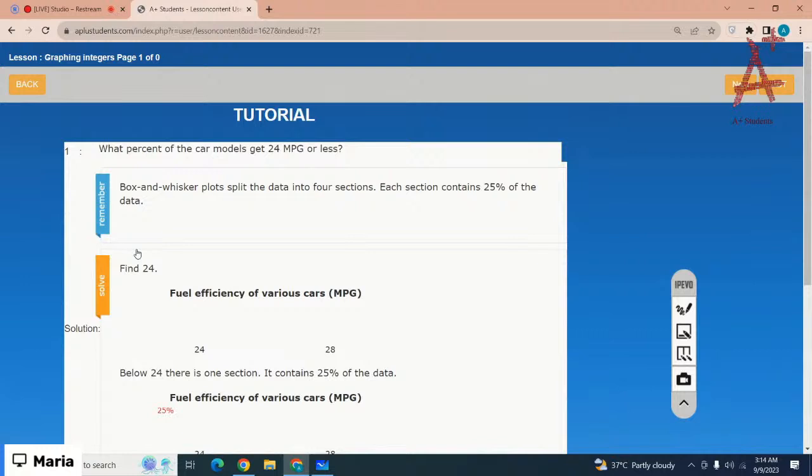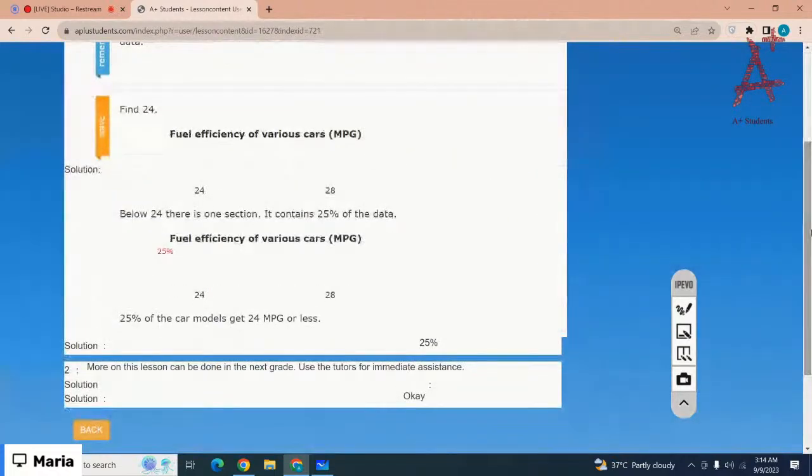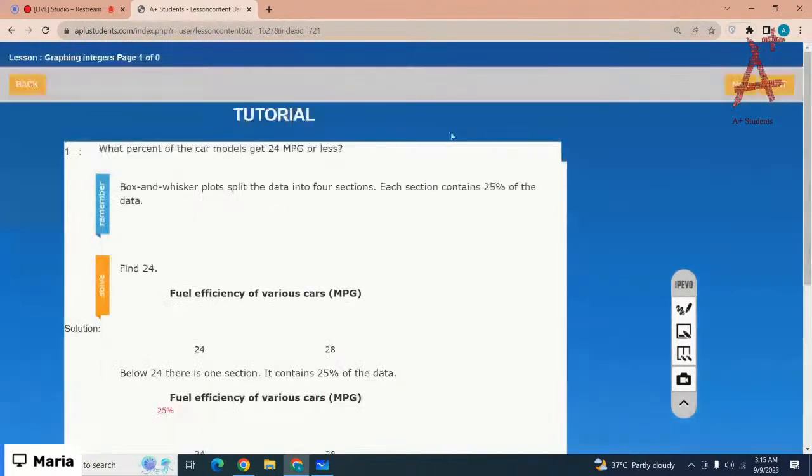So what percent of the car models get 24 mpg? That means below 24, you have only one section, and that contains 25% of the data, right? That means 25% of the data get less mpg, right? Let's just skip this lesson.